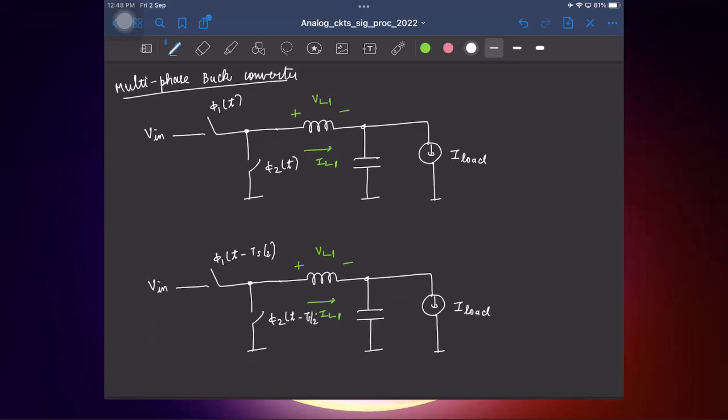Of course, in this case, phi 1, phi 2 is this time shifted version, so I'll simply drop this time and I'll call this phi 2 and this phi 1. Okay, that is true only in this case. Okay, and let me call this inductor voltage VL2, the current IL2.